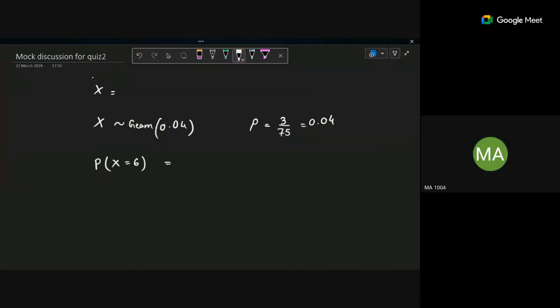Using the probability formula, you will be able to calculate it: P into 1 minus P to the power K. So it is 1 minus P raised to the power 5 times P, right?